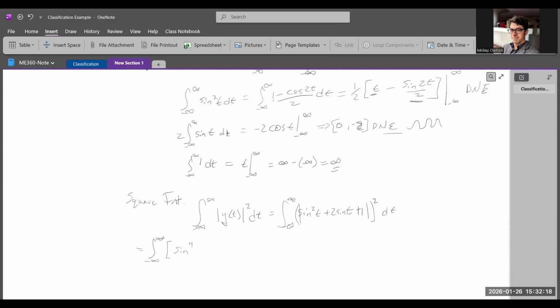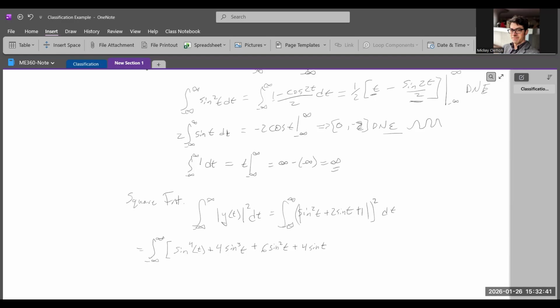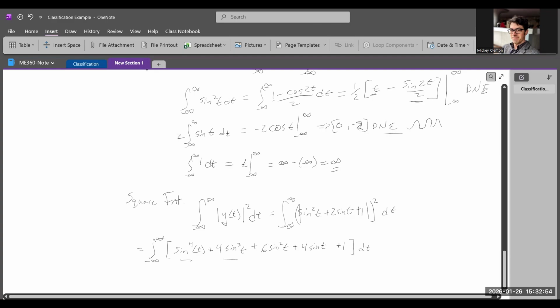Sine fourth t plus 4 sine cubed t plus 6 sine squared t plus 4 sine t plus 1 to the 4th, dt. All right, and then again, we're going to integrate each of these individually.